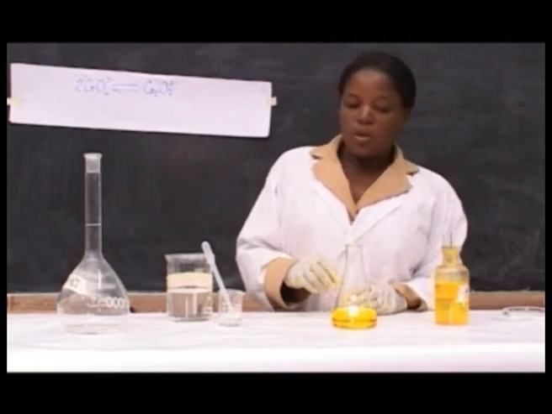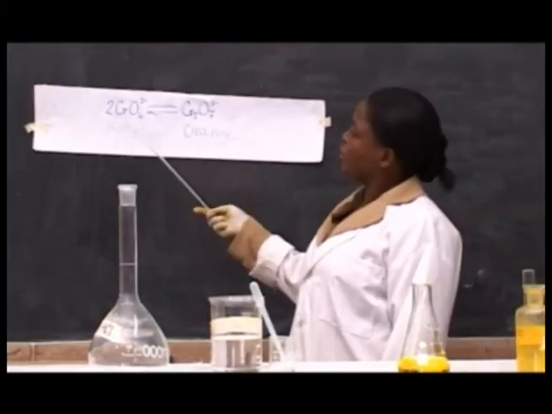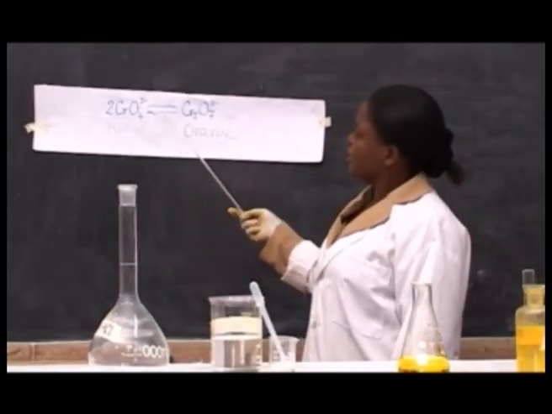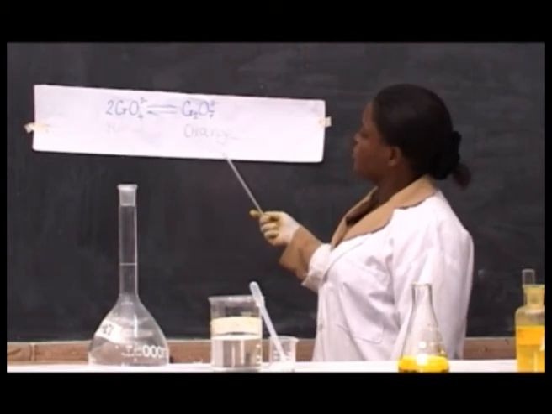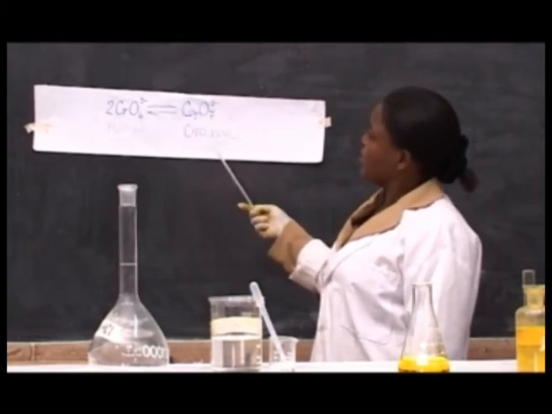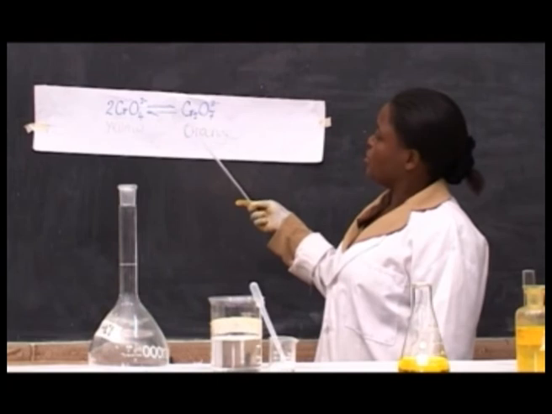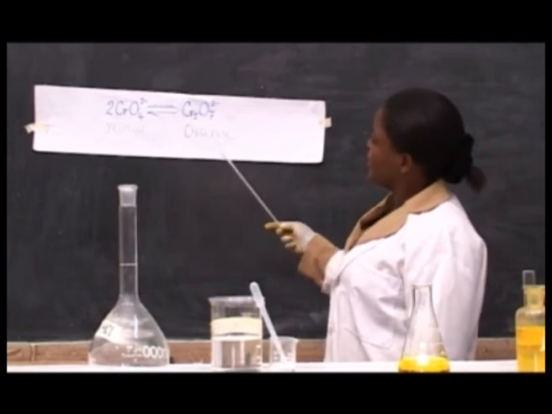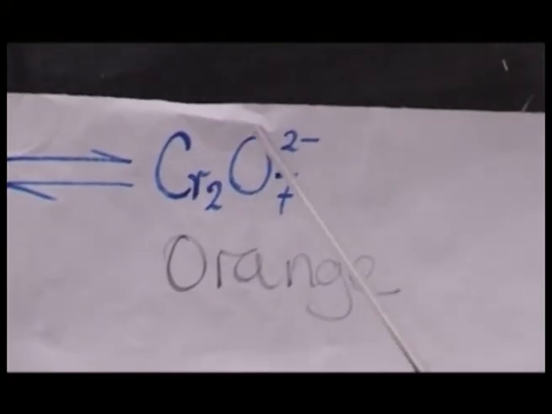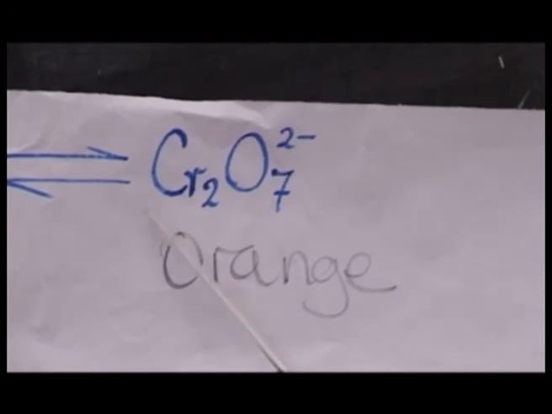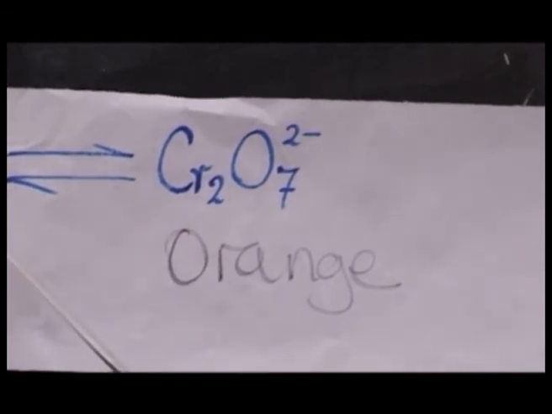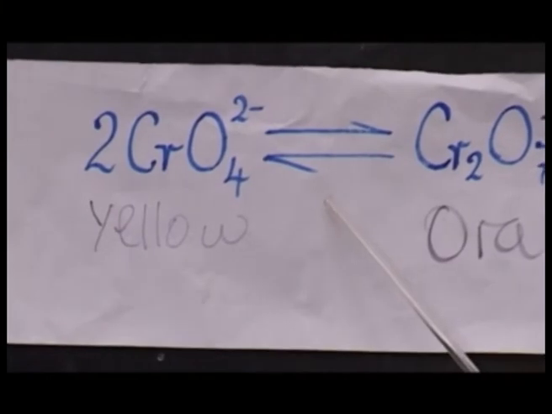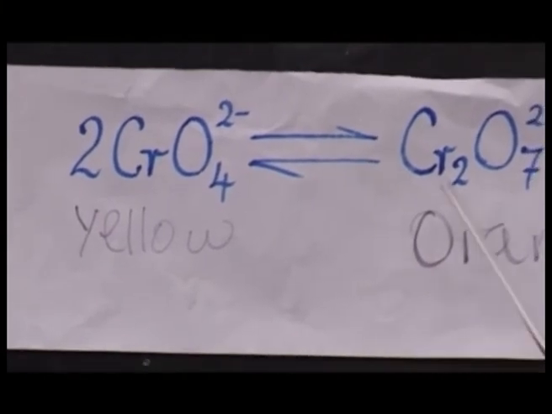This shows that chromate ions are converted to dichromate ions by the addition of acid, while dichromate ions are converted back to chromate ions by the addition of distilled water.